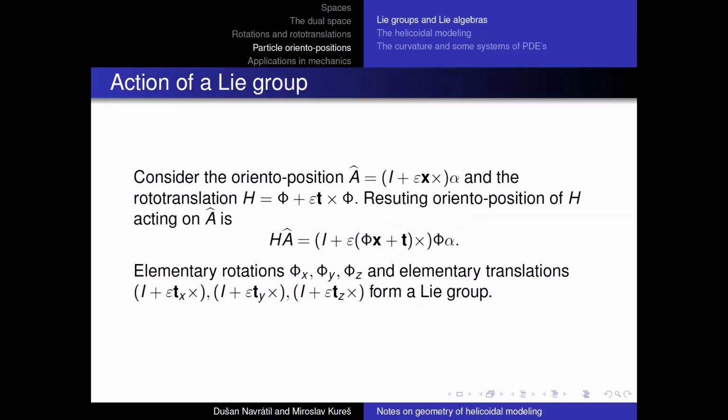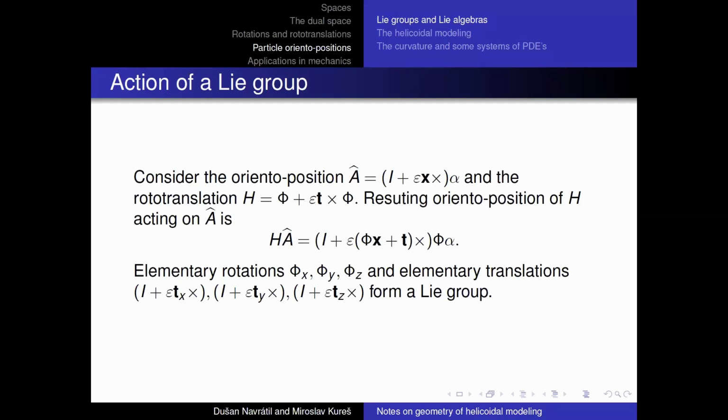And how actually the rototranslation applied to this works. So if you take a general oriented position and a general rototranslation applied together by matrix multiplication, this is the resulting oriented position you get. So the previous orientation is just rotated by this matrix phi, and the position was first rotated around the origin and then moved along vector t.